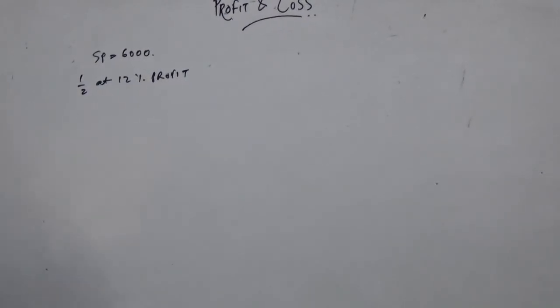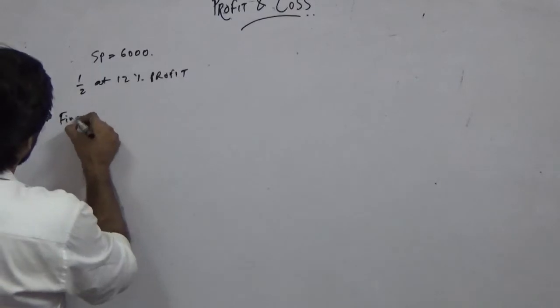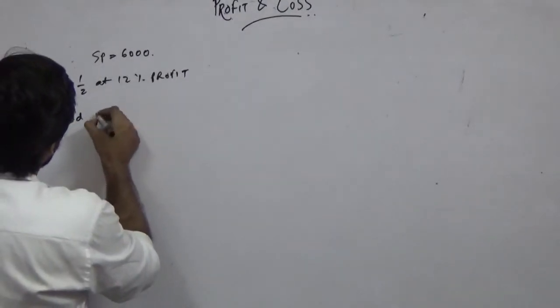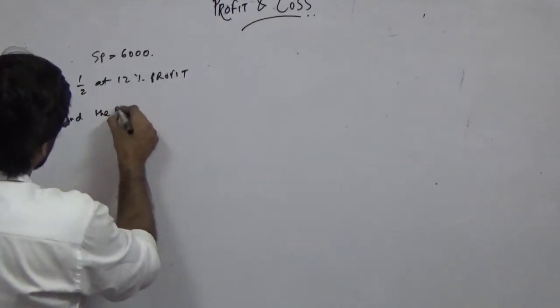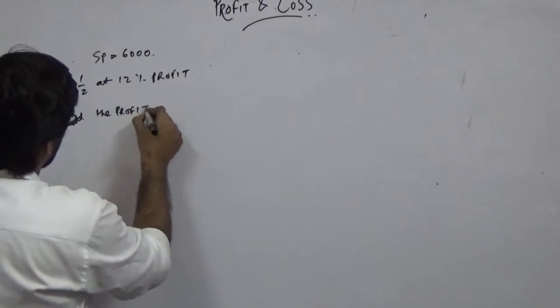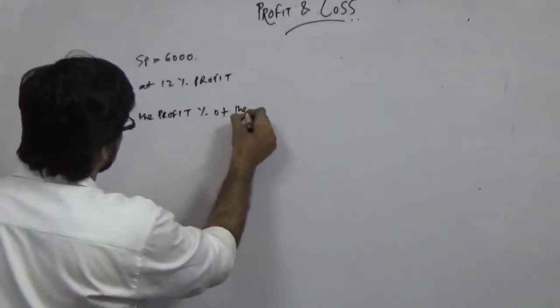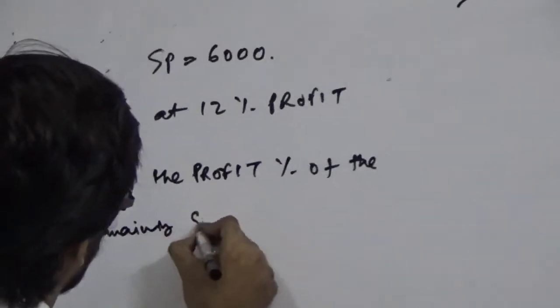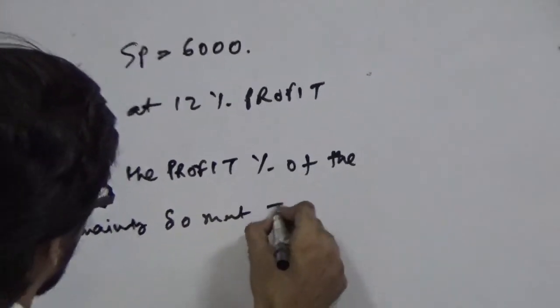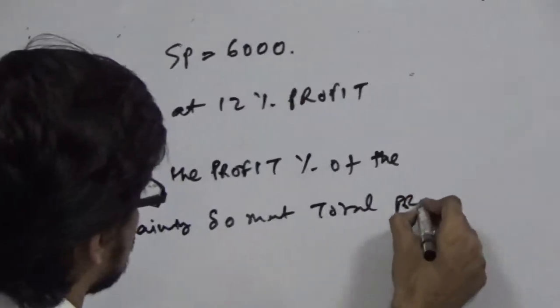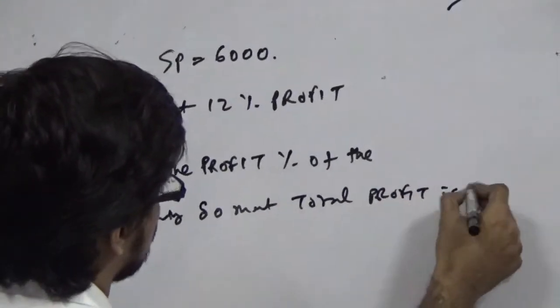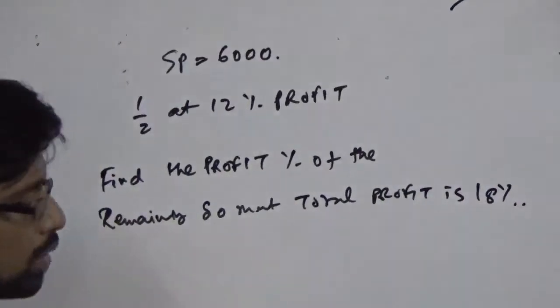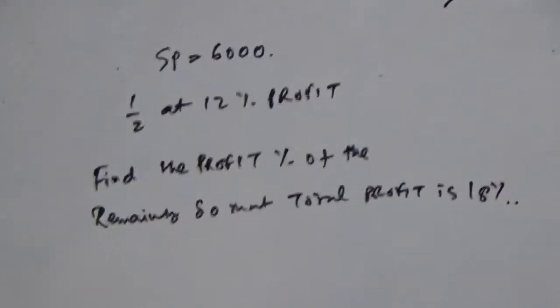Depending on the same structure, find the profit percentage of the remaining, so that the total profit is 18%.